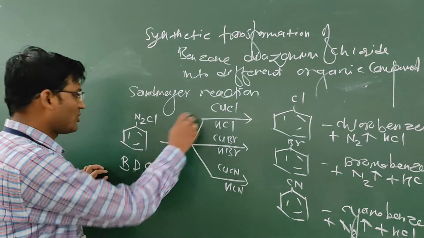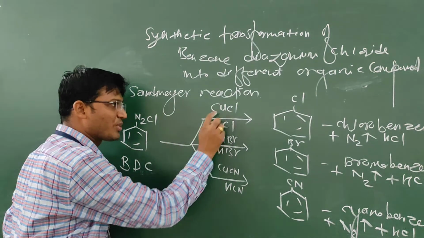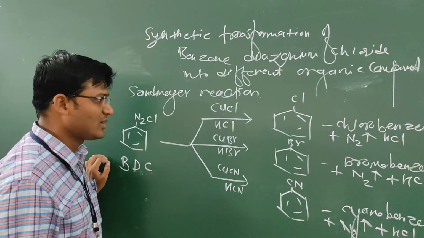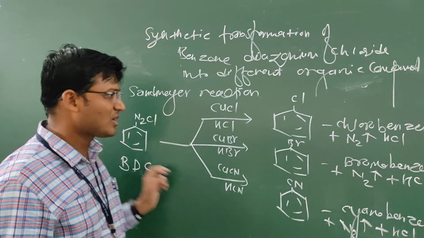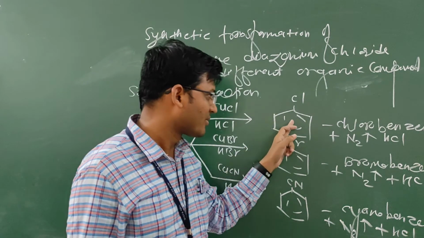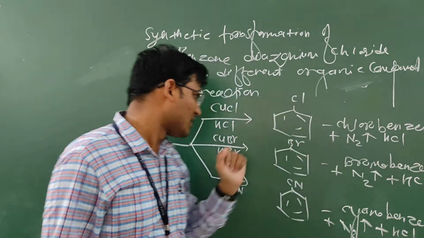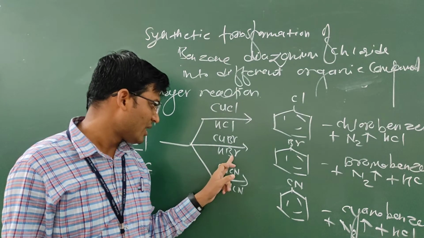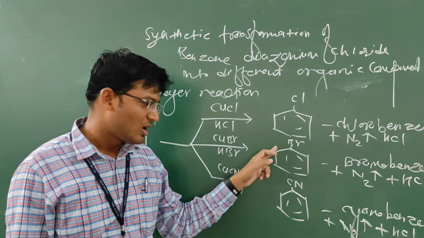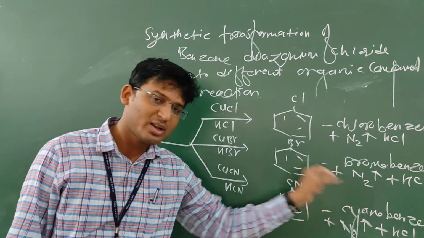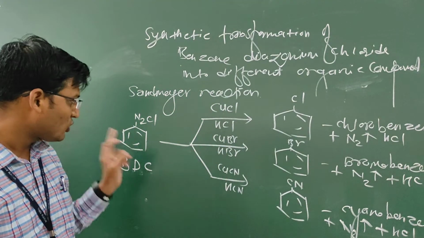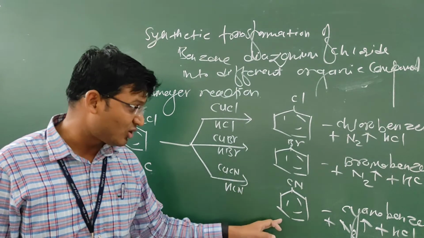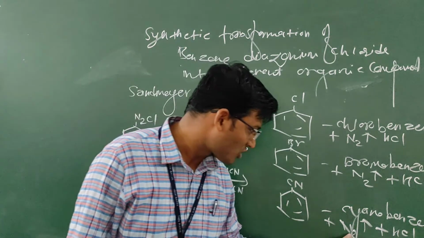When benzene diazonium chloride reacts with cuprous chloride in presence of hydrochloric acid, it forms chlorobenzene with the liberation of N2 and HCl. When it reacts with CuBr in HBr, it forms bromobenzene with the liberation of N2 and HCl. When it reacts with cuprous cyanide in presence of hydrogen cyanide, it forms cyanobenzene with the liberation of N2 and HCl.